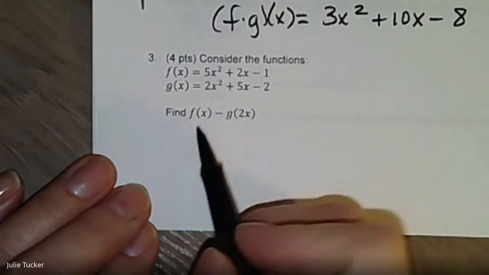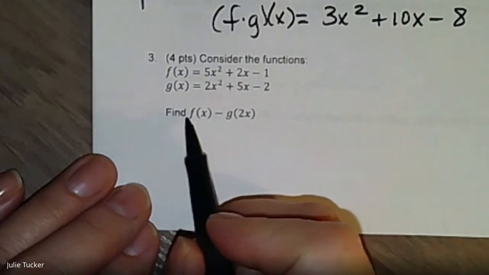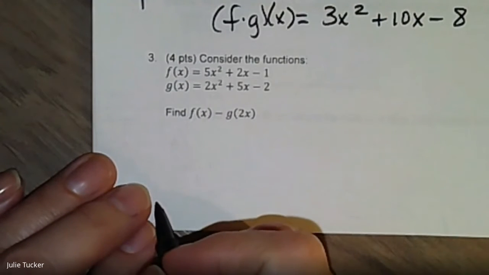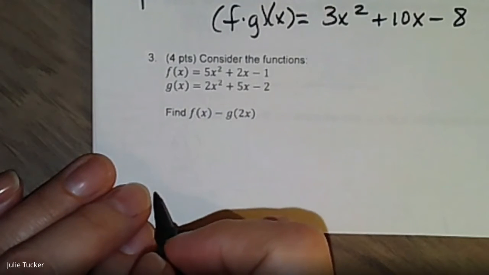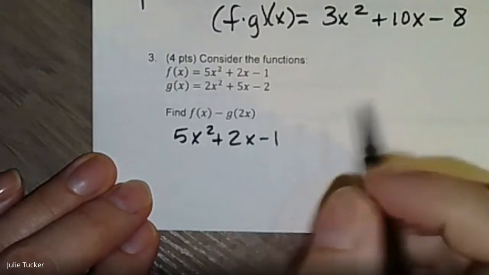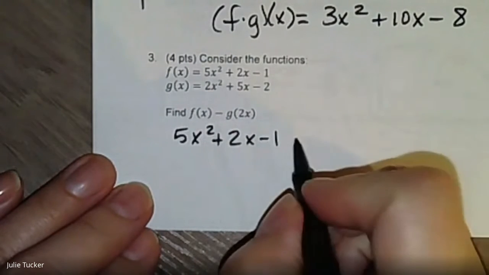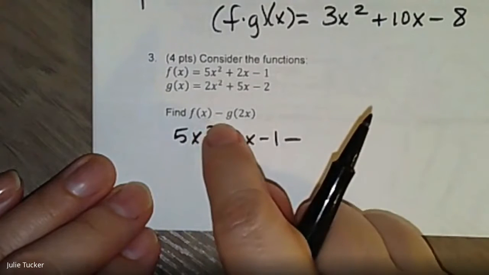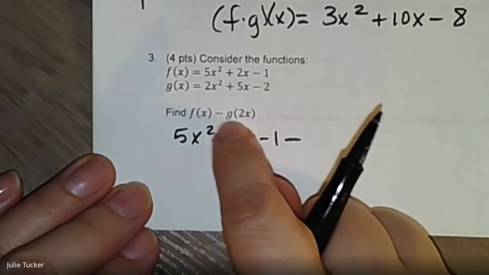Okay, so what do I write for the f of x equation? What goes here? And then what do I write about this? Okay, so then I can put minus, right? But then what do I do about the g of 2x?